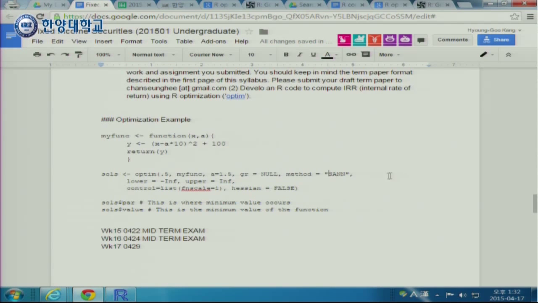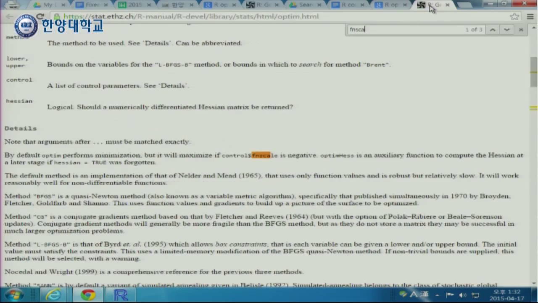So it depends on the method. SA, or SANN, is the simulated annealing method to get the optimal value. In your case, L-BFGS-B, I forgot the details, but this is a kind of quasi-Newton method. And this L-BFGS-B is an enhanced quasi-Newton method, by Broyden et al., which allows box constraints and so on.